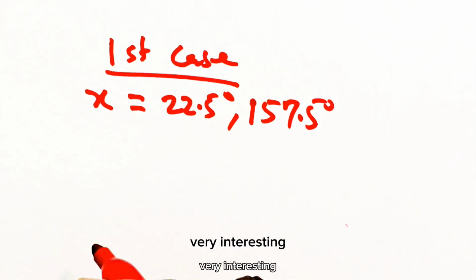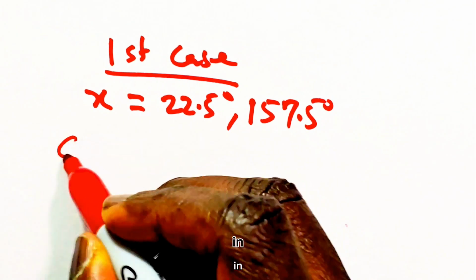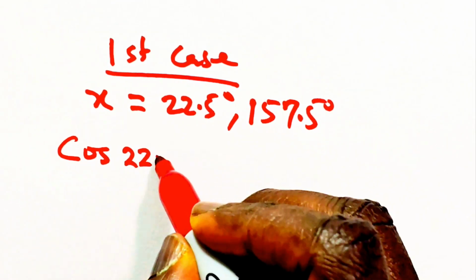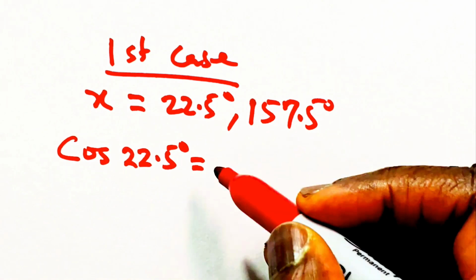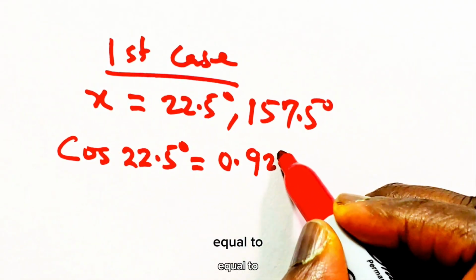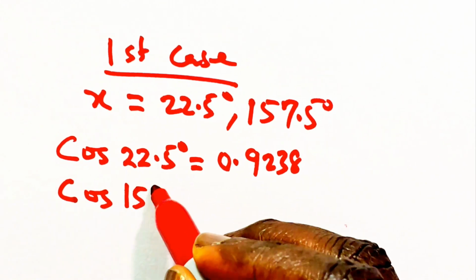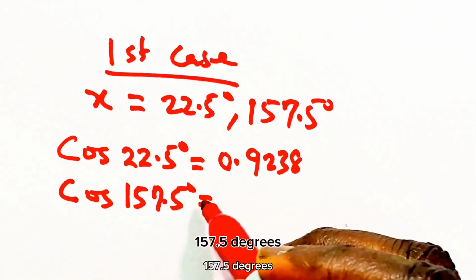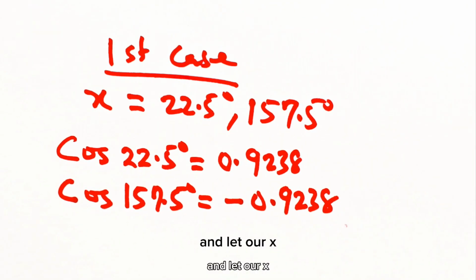If you check the value of cos 22.5 using your calculator, you're going to have 0.9238. And also, if you check for 157.5 degrees, that is going to give you minus 0.9238.